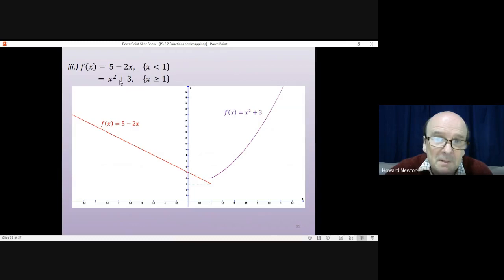Then you've got x squared plus 3 if x is greater than or equal to 1. The starting point is 1. Put 1 in here, and then you'll know where it's starting from. 1 squared plus 3 is 1 plus 3, so it's going to start at 4. That's the starting point. And then it's got the general shape of a quadratic heading up after that.